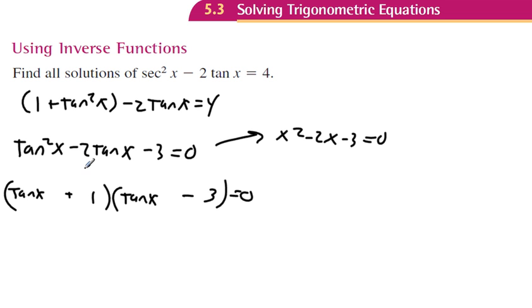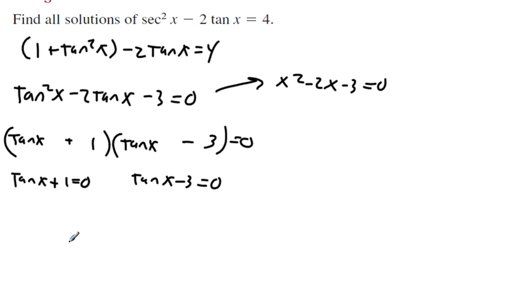Okay, so let's set each of these factors equal to 0. So tangent of x plus 1 equals 0, and I have tangent of x minus 3 equals 0. All right. Let's go ahead and isolate the trig function. So now this means the tangent of x equals negative 1 and the tangent of x equals 3.